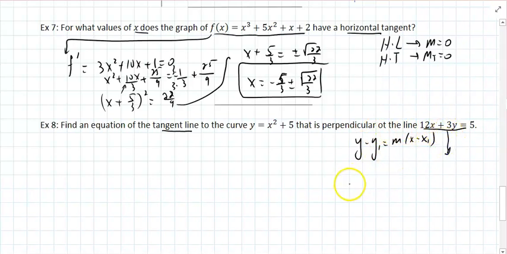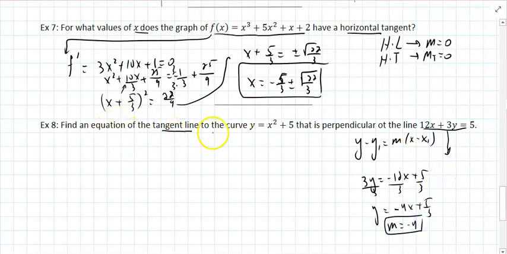The slope of this line is, I'm sorry, I rushed. You solve for y. If you remember, that's how it works. Divide by 3. Y equals negative 4x plus 5/3. So the slope here is negative 4.